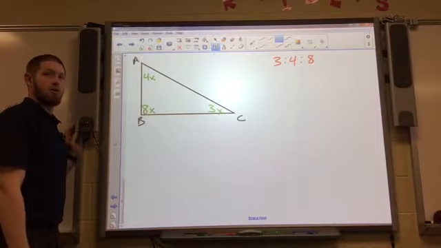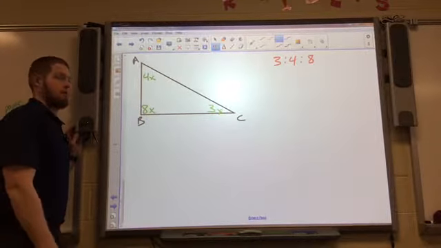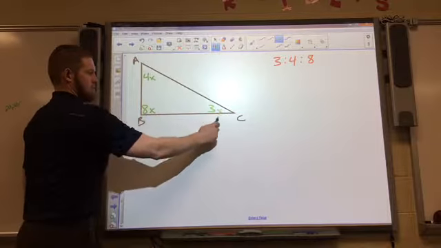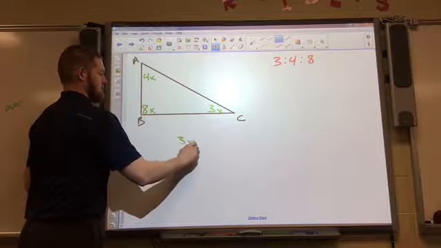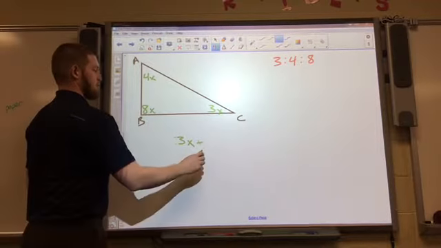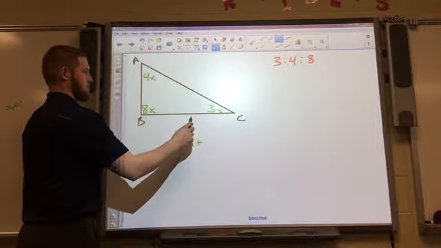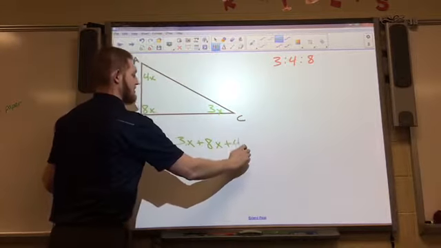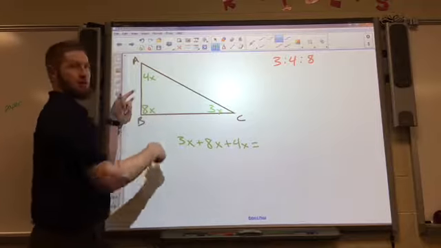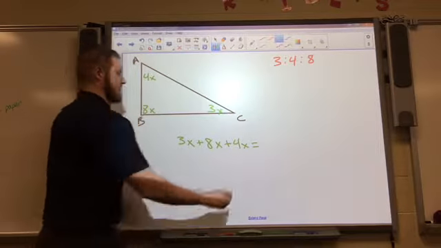Okay, so what's one of my angle measures? What's that one? 3x plus. What's another one? 8x plus 4x. And Gavin, when I add all three of those together, it equals what? 180 degrees. Good.